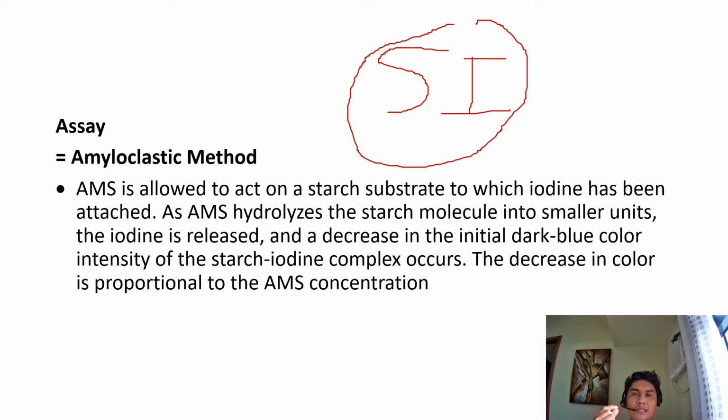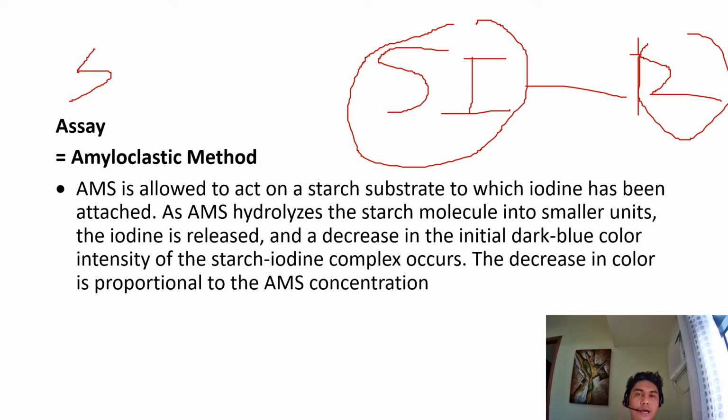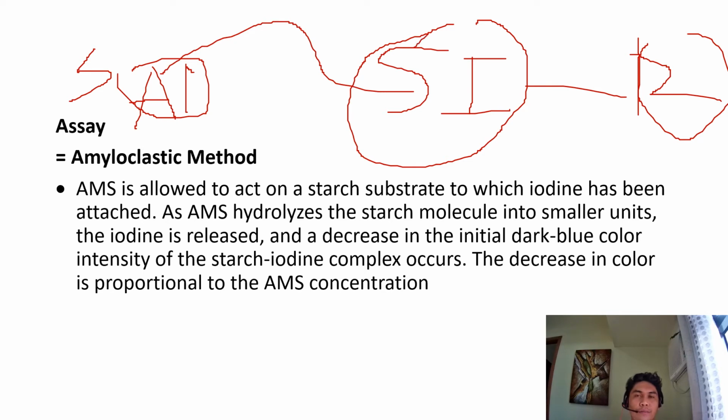Okay, so remember it's dark blue. This complex is present in the reagent. Now we need to mix the reagent with the specimen or serum. And the serum contains amylase. Okay, amylase, A na lang. So this amylase will hydrolyze this complex.